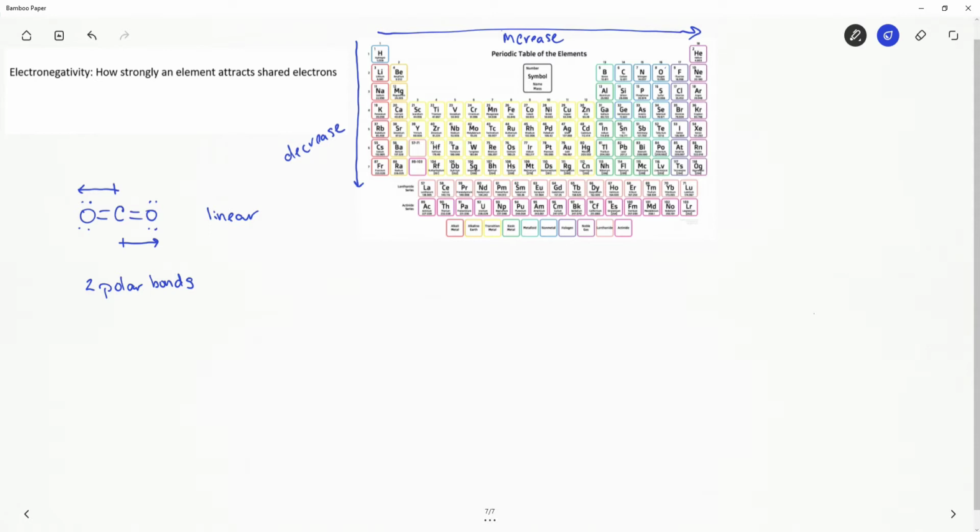Because I know this molecule is linear and the oxygen atoms are 180 degrees from each other, I know that the oxygen atom on the left is pulling just as much on the carbon as the oxygen atom on the right. So if you had two friends of equal strength pulling on your left and right arm, you would not move. These two vectors actually add out. Carbon dioxide is a nonpolar molecule.